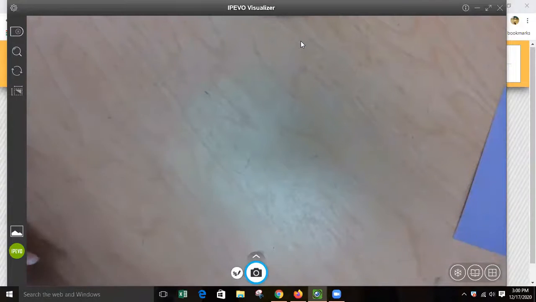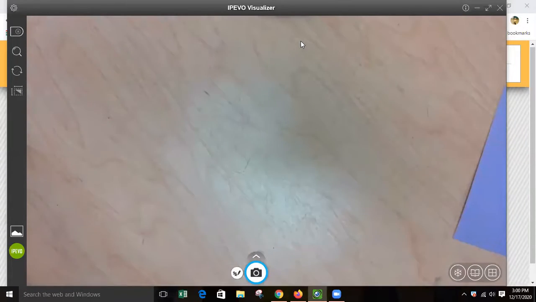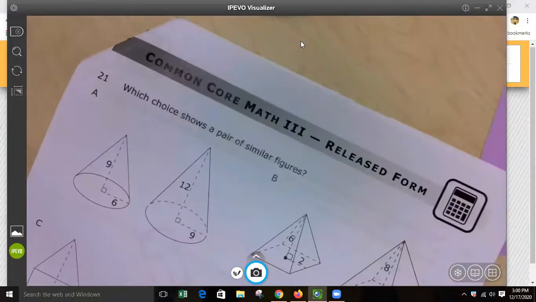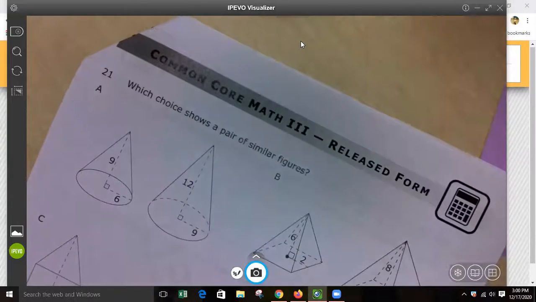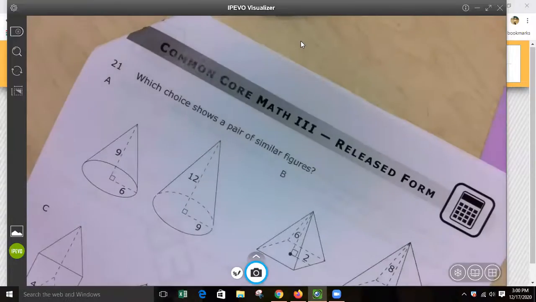You look at your other one. Sorry, it's getting reorganized. I apologize, y'all. I really do.